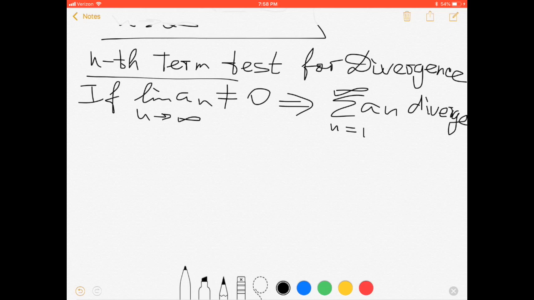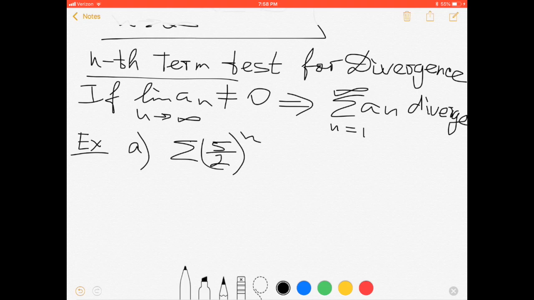Okay, looking at examples. A series where you have 5 halves to the power n, from 0 to infinity.